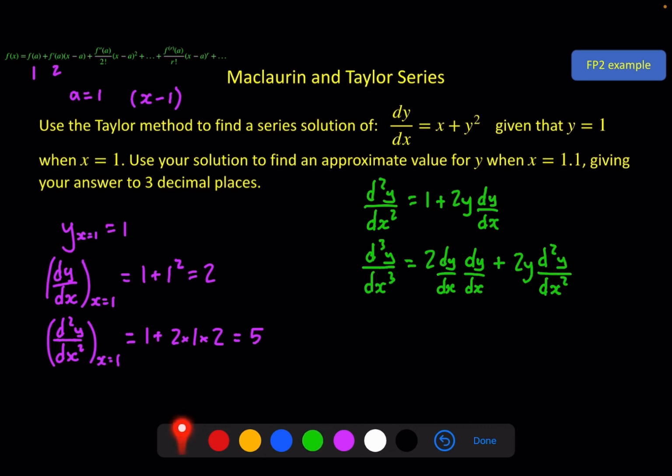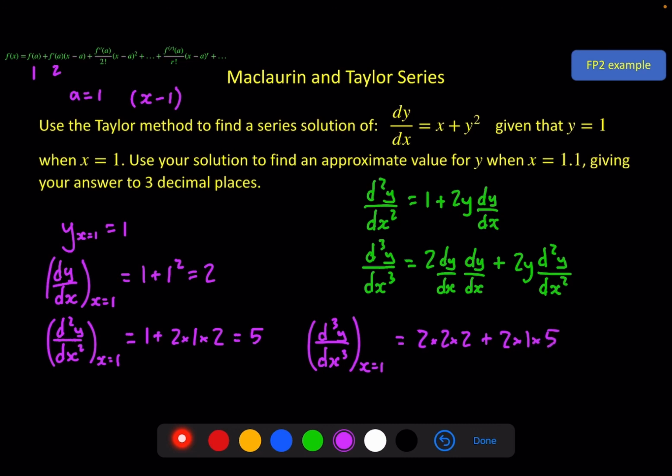And again, we know all of the information here. We know what this is. We know what this is when x equals 1 from the previous work. So the third derivative evaluated at x equals 1 is equal to 2 times dy by dx, which was a 2, times another one, plus 2 times y, which is a 1, times the second order derivative, which was 5.